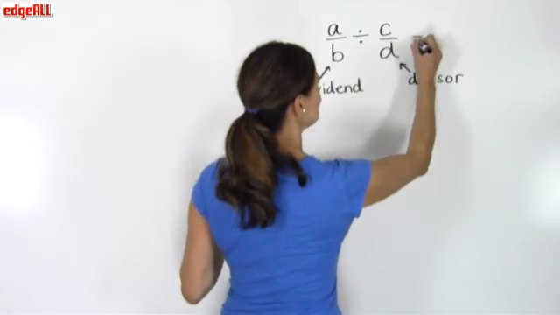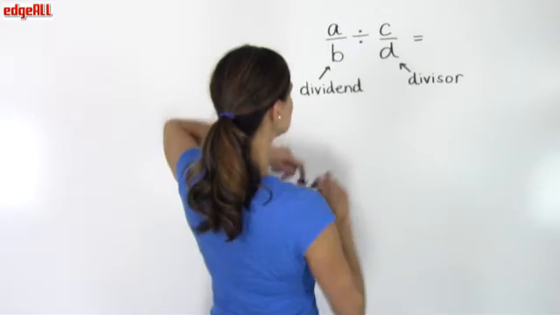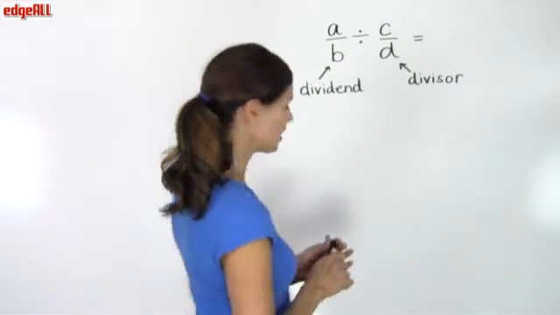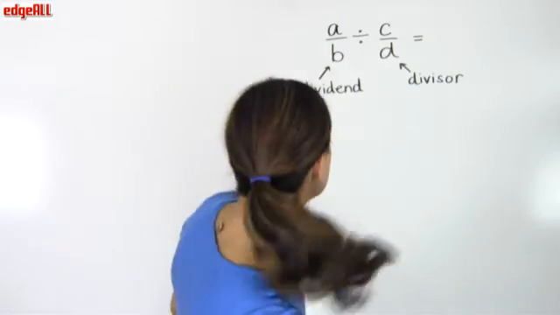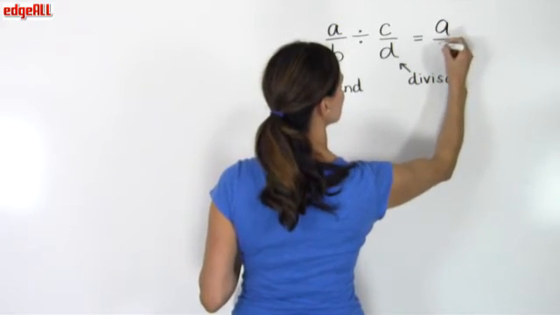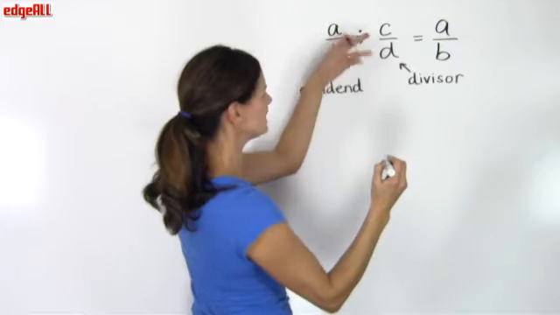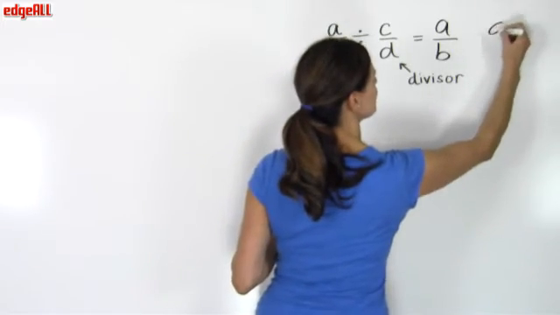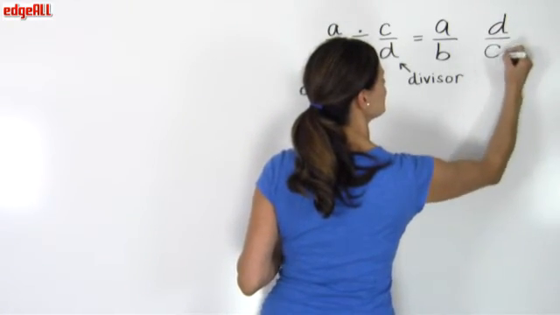So what you'll end up doing is you keep your first fraction the same, your a over b, and then you take your second fraction and flip it over to make it d over c.